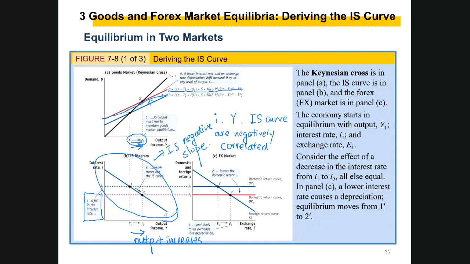Okay, and then if we go to the foreign exchange market, the I decreases. This will lower the domestic return curve, right? So the exchange rate will increase.